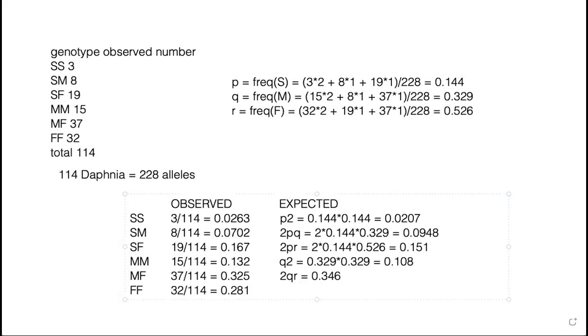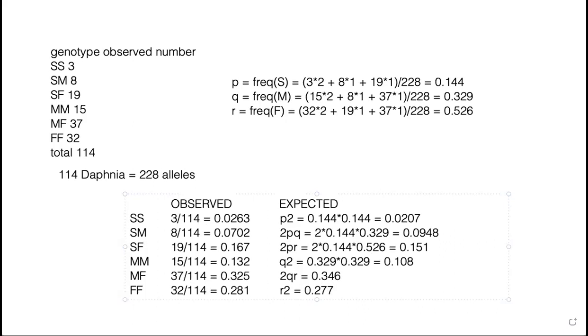And the frequency of the FFs is going to be R squared, which is 0.526 times 0.526, which is 0.277.